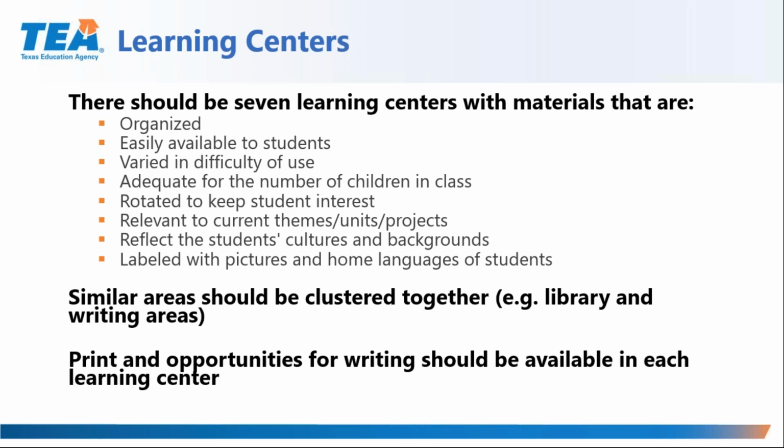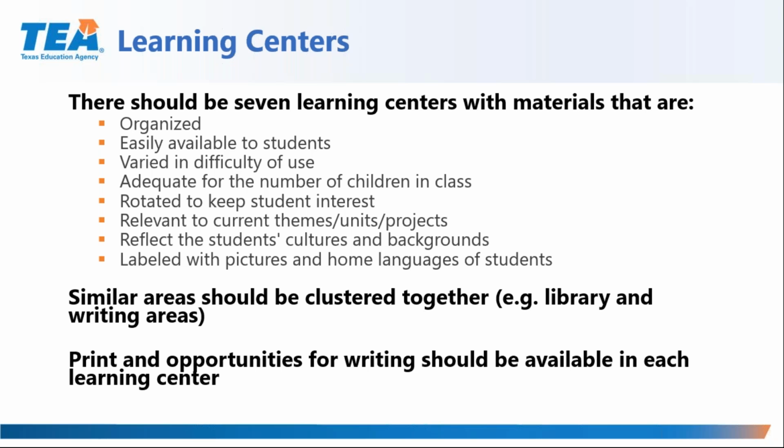According to TEA's program self-assessment, each pre-K and kindergarten classroom should have at least 7 learning centers. And in these centers, there should be materials that are organized and easily available to students. We want students to be able to use the materials. They should be varied in difficulty of use so students can select the right materials for them.